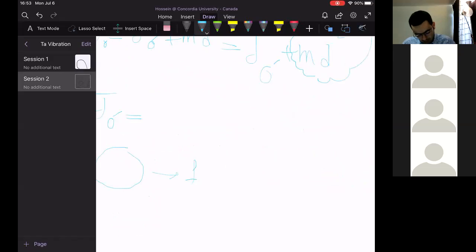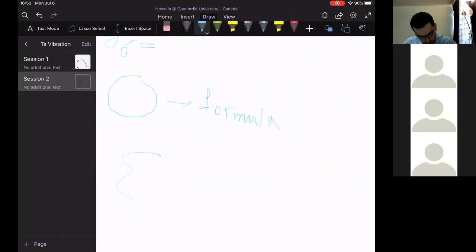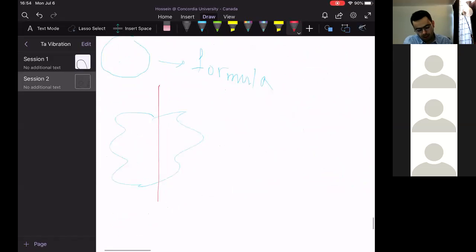For any arbitrary system, if you want to calculate the mass moment of inertia around any arbitrary axle, like O or O prime, we could take advantage of the radius of gyration. We could simplify the system.